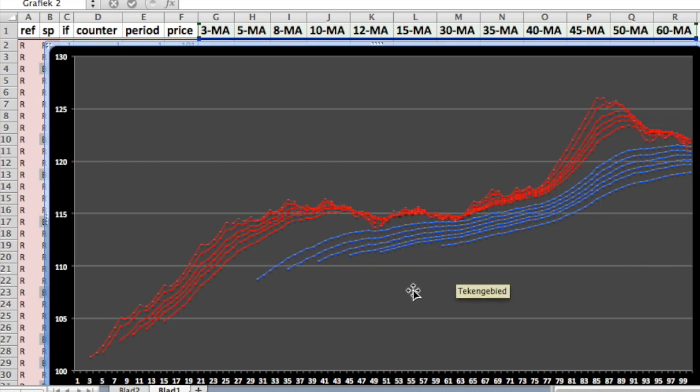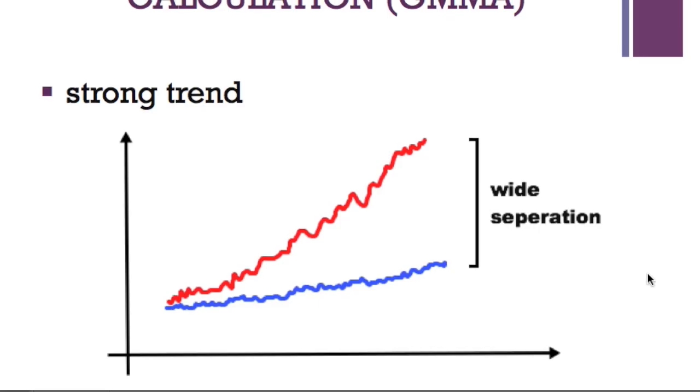I'll show you here: you see 6 short-term moving averages, and here in blue the 6 long-term moving averages, right? You see it goes up, then a little consolidation, goes up again, and then maybe here something will change.